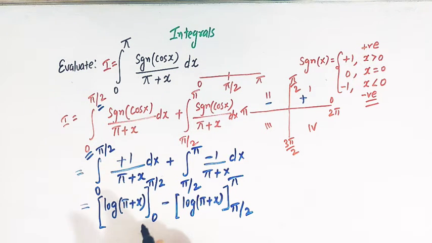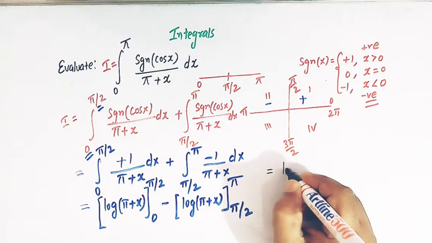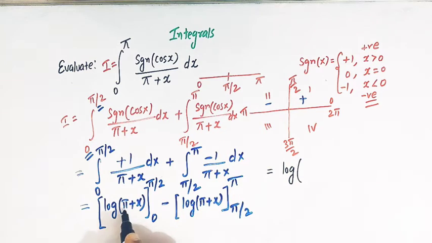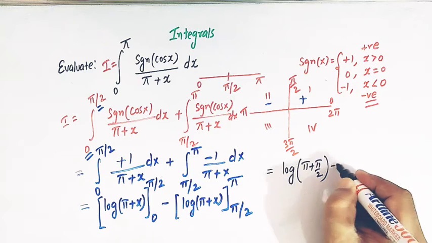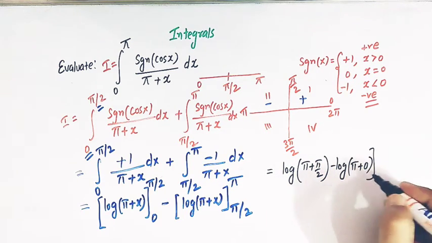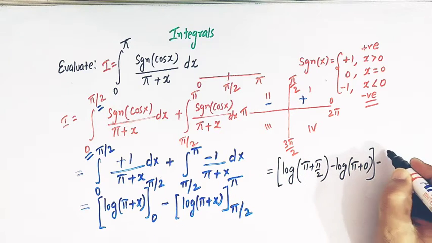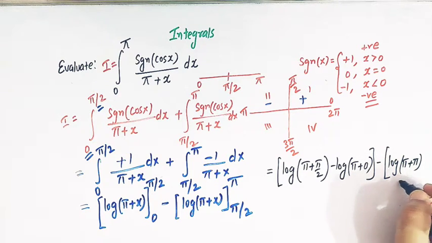Now we simply substitute the limits and take the difference. In the first one, we have log of pi plus pi by 2 minus log of pi plus 0. In the second integral, we have log of pi plus pi minus log of pi plus pi by 2.